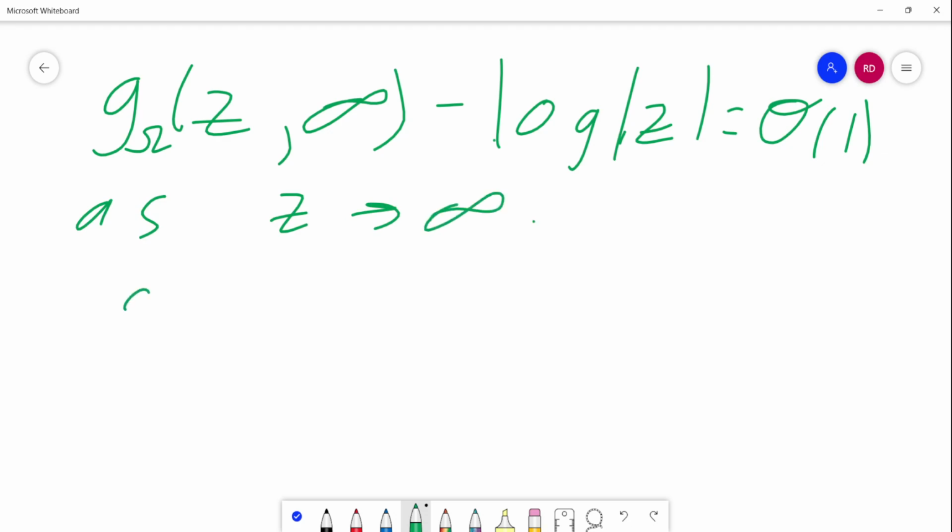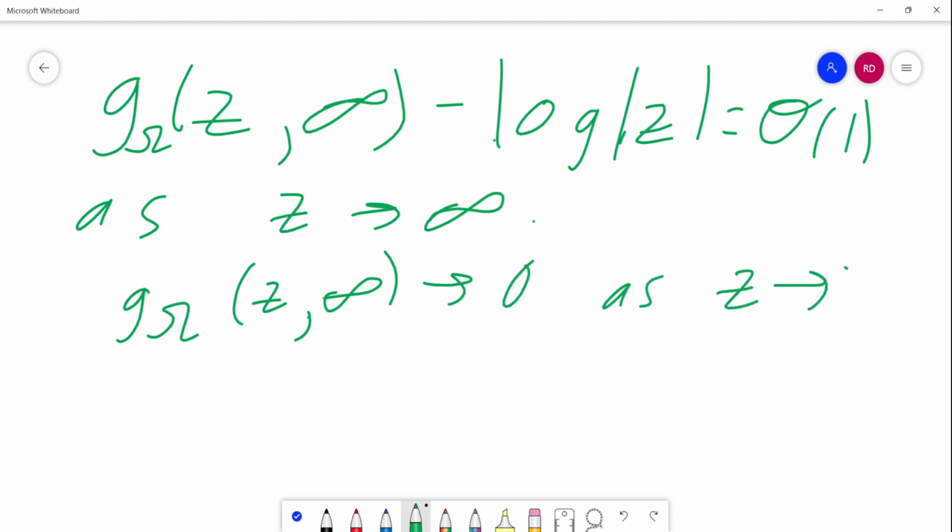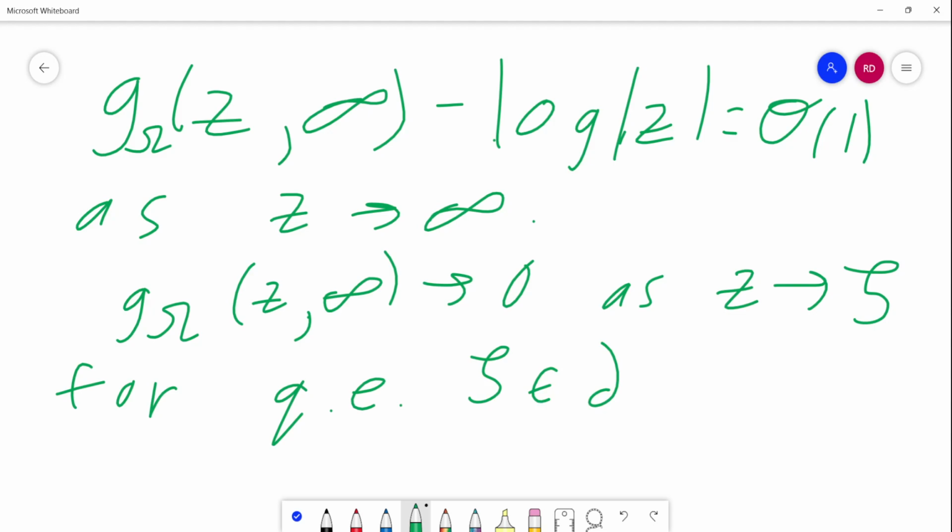And the third was that g omega of z, infinity converges to 0 as z approaches zeta for quasi every zeta in the boundary of omega.